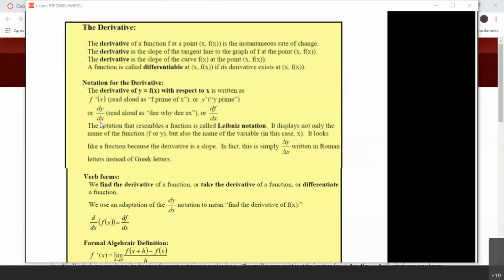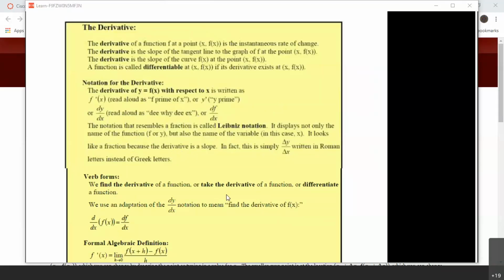Like I said, it's useful because it shows you the variable that we're differentiating with respect to. It's just a slope, nothing fancy about it. You'll see both notations, so it's a good idea to be comfortable with both.